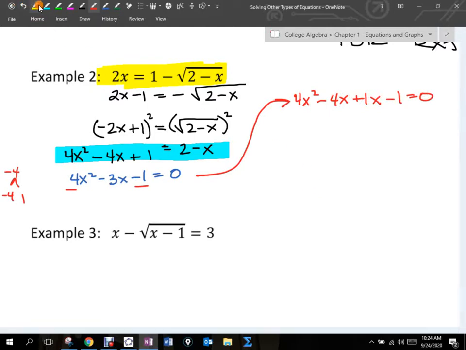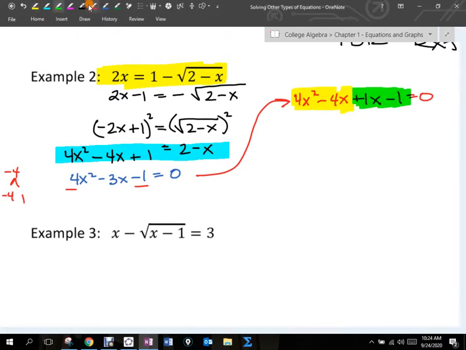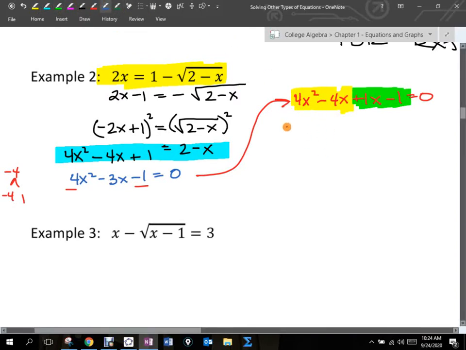equals 0. And remember, the AC method then should generate something that we can do factor by grouping with. So I'm going to group those two in yellow and those two in green. What do the yellow ones have in common? 4x. Brings that out and leaves me with x minus 1. What do the green ones have in common?